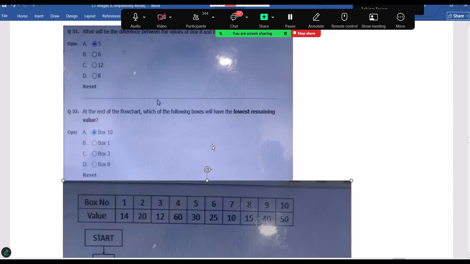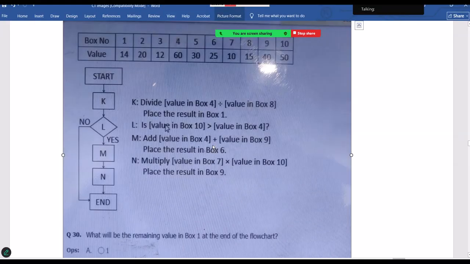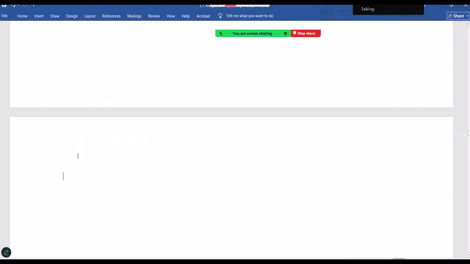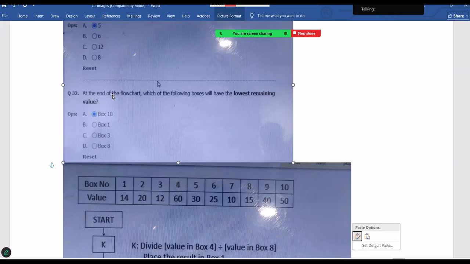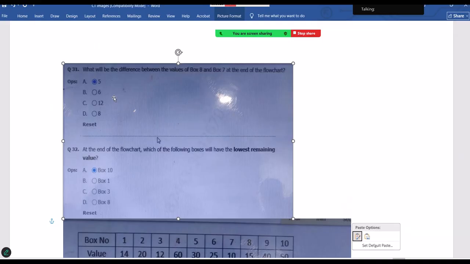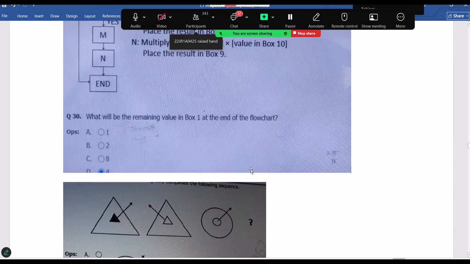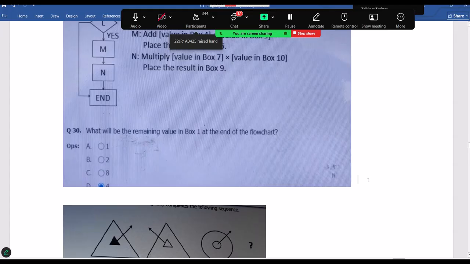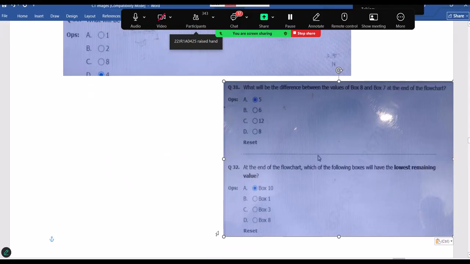This question, then we'll move. Image based questions, I said, there are a lot of questions to be discussed.